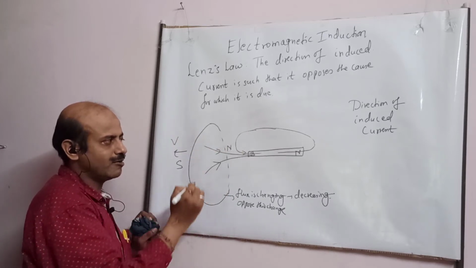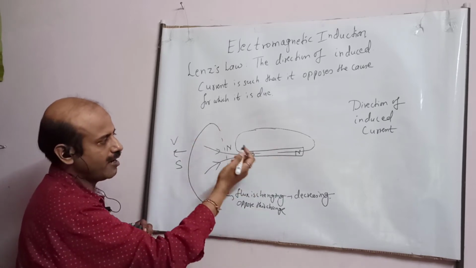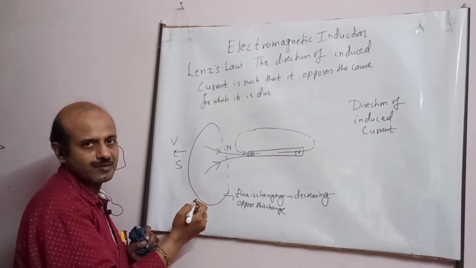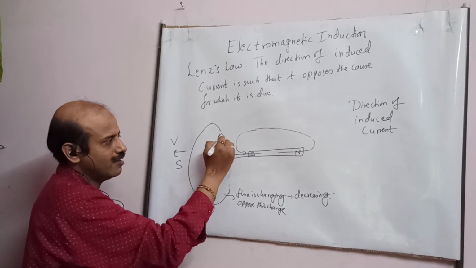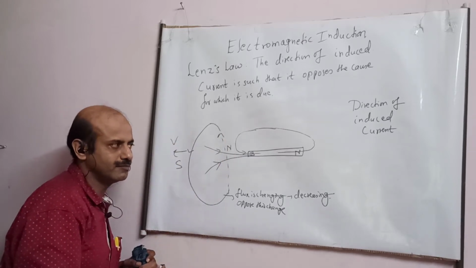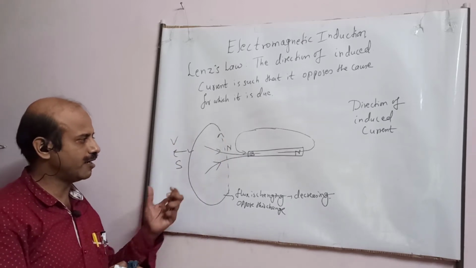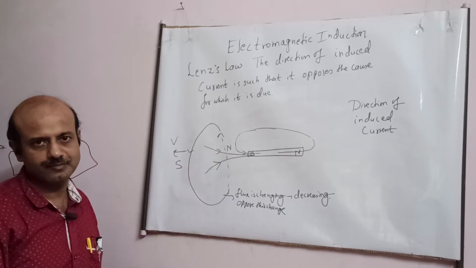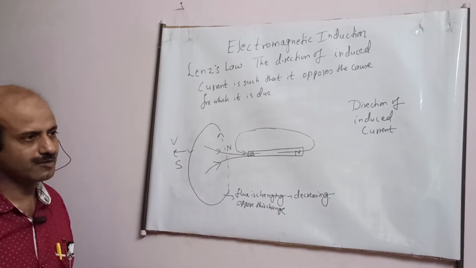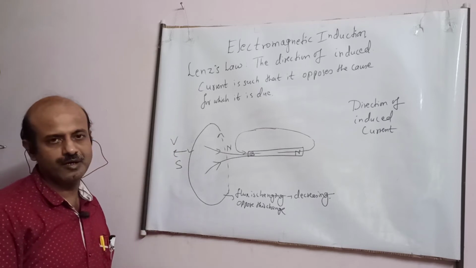And how to create a north pole here, student? If you look from this side, the direction should be anti-clockwise, student. See, this is the direction of current. It is opposing, student. It will try to attract it. This is how it will oppose, student. So this is the direction of induced current.